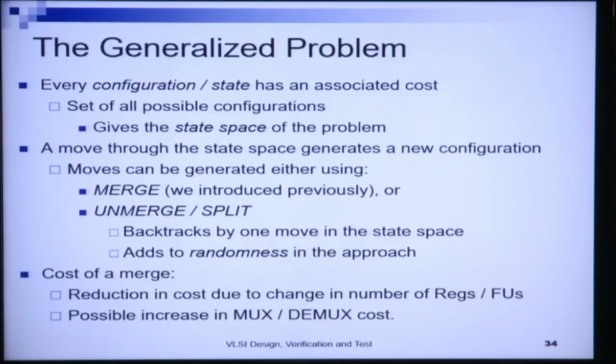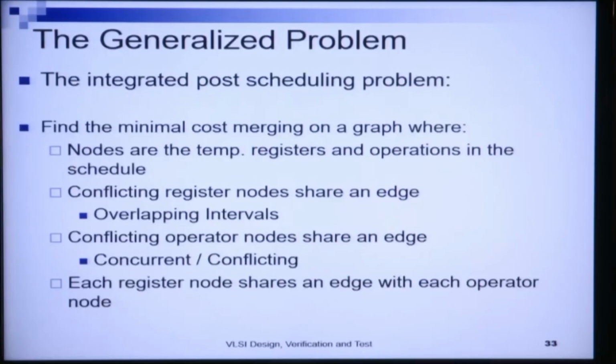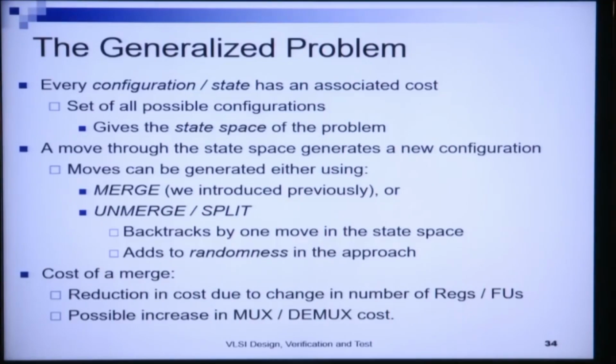Right? Now every configuration or state has an associated cost. What is the cost of a configuration? A configuration or state in this conflict graph is a given merging of the functional units, registers, muxes, demuxes. So for a given merging that we have, we will have a total number of functional units required for allocation, a total number of registers required for allocation, a total number of muxes and demuxes required for allocation, and that gives the cost of the configuration.